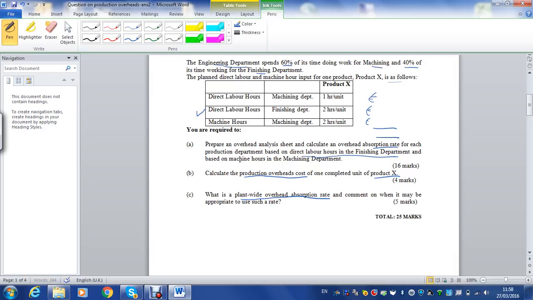And based on the machine hours of the machine department. There's machine hours, machine department. So we need 2 rates here to work out this part of the question. Interestingly enough, there's nothing for here.